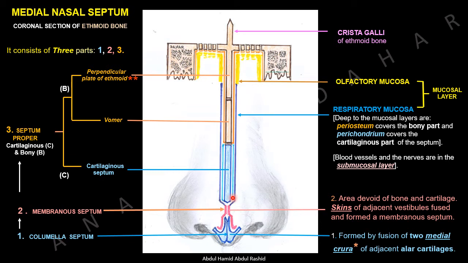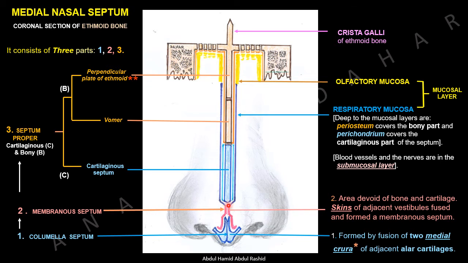Next, the cartilage is covered by perichondrium, light blue color here. The bones are covered by the periosteum. Then outside the periosteum and perichondrium, we have the mucosa layer.